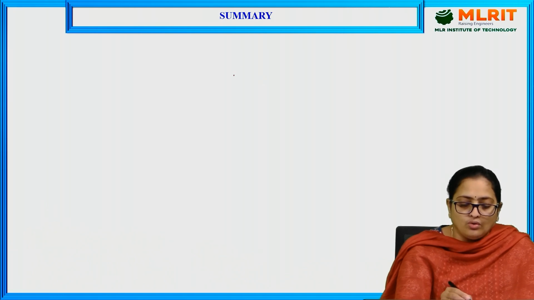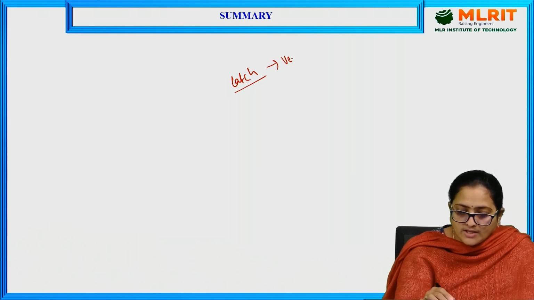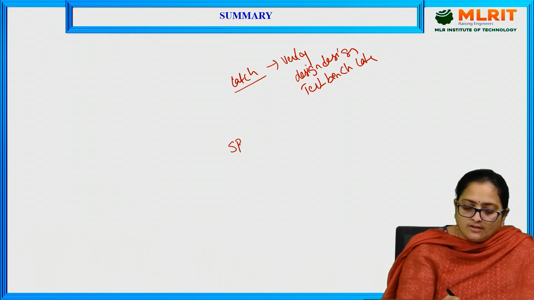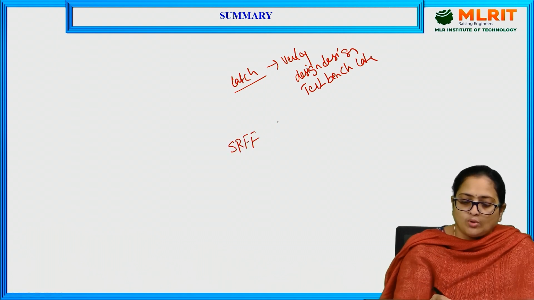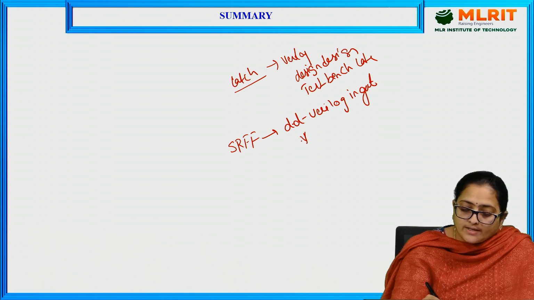In this video, we have discussed what a latch is and how to write Verilog code for a latch, that is, how to write a design description for a latch as well as a test bench for the latch. We also discussed the SR flip-flop, how to write a design description using Verilog in gate level designing, as well as how to write a test bench code for this SR latch.